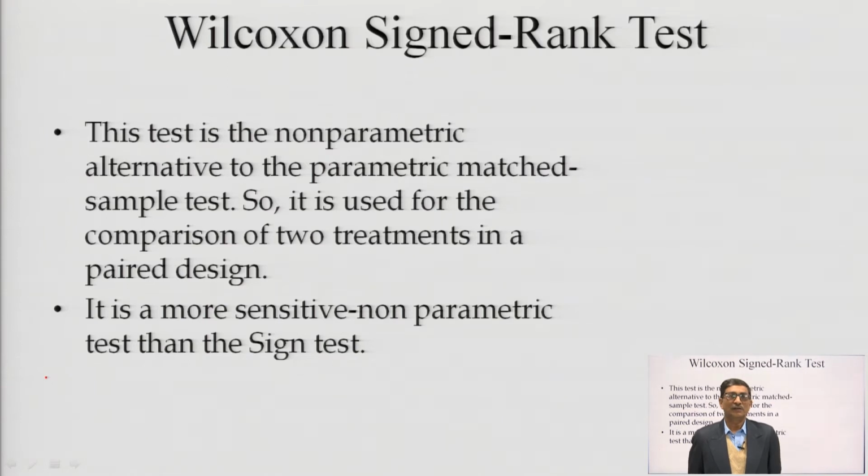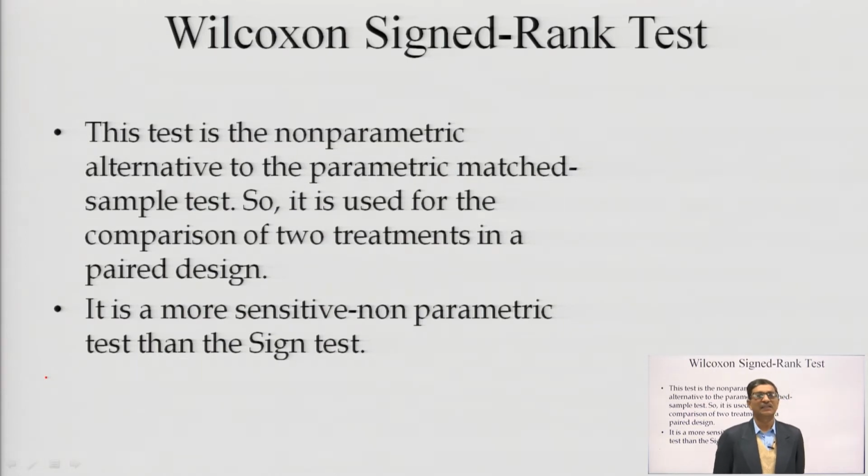The first non-parametric test is the Wilcoxon sign rank test. This test is the non-parametric alternative to the parametric paired sample test. It is used for the comparison of two treatments in a paired design. That means, when we have paired data, then we apply the Wilcoxon sign rank test.